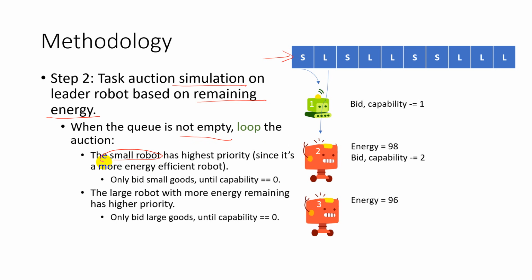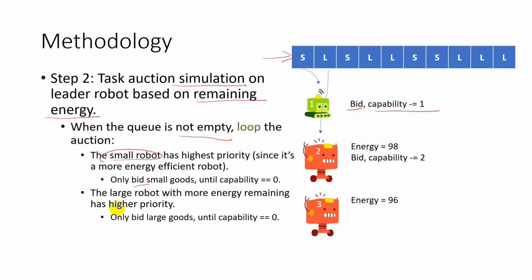The small robot only bids on small goods, until its capacity becomes 0. Like this, the first task in the queue is a small good. So small robot number 1 will bid on this good, and its capacity will decrease by 1.